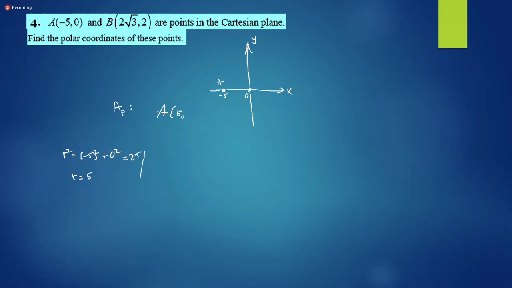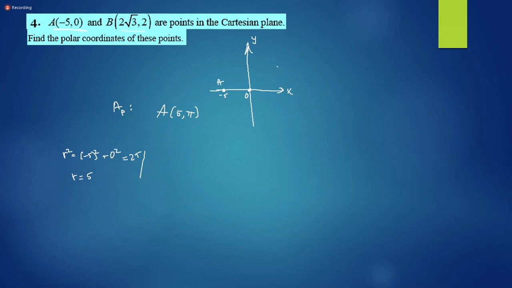So it's 5, and the angle is very evidently 180 degrees or pi, and that's it. We simply look at these coordinates, and we imagine where the point is situated in the Cartesian plane, and so we can imagine the coordinates of the point in the polar system. For B, we see that both coordinates are positive.